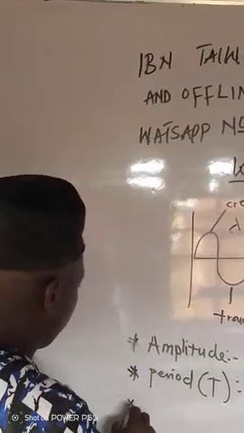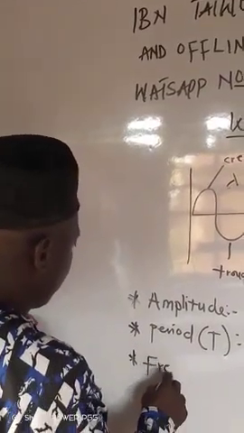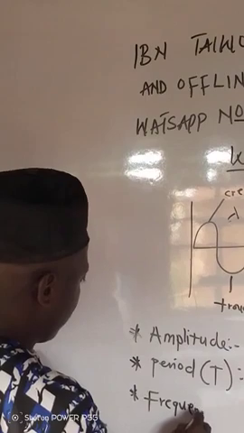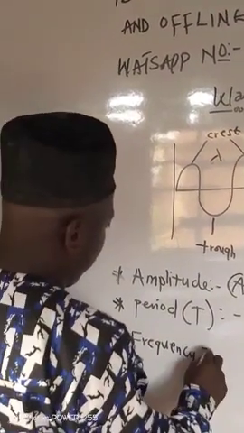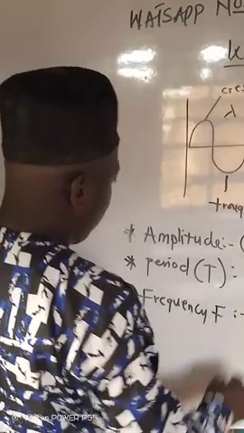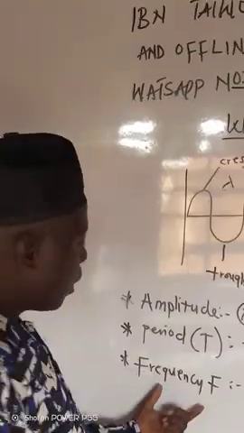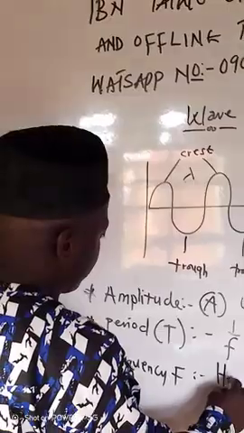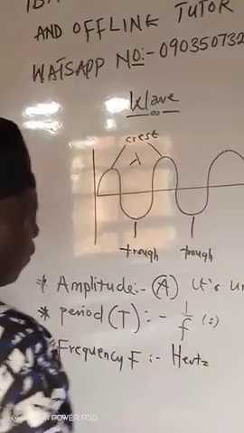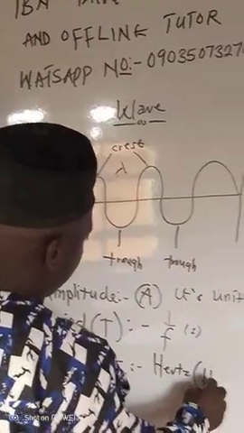The another one is frequency. We represent frequency by capital letter F, while the unit of frequency is hertz.